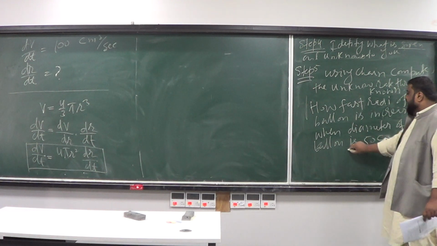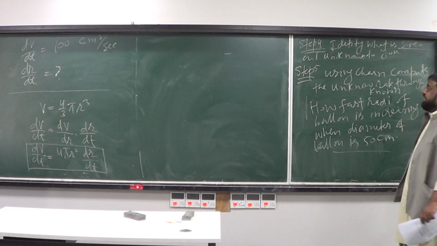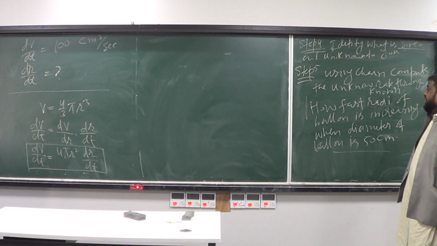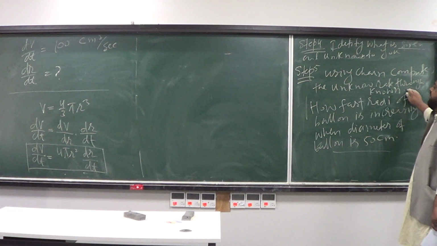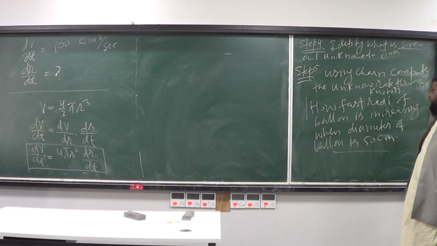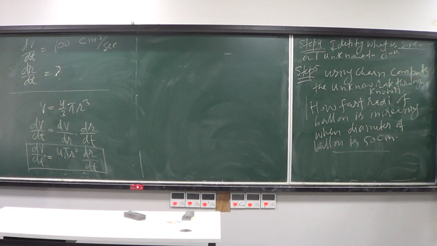Given that your balloon has a diameter of 50 centimeters and the volume is increasing at the rate of 100 cubic centimeters per second, what would be the rate at which the radius of the balloon is increasing?